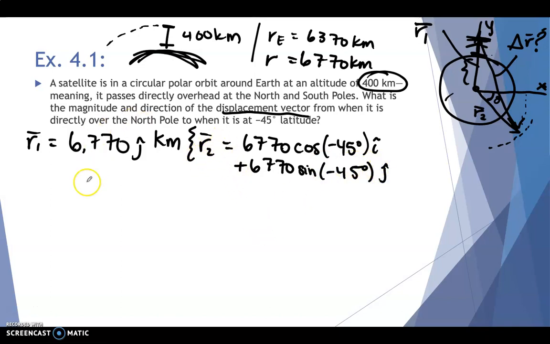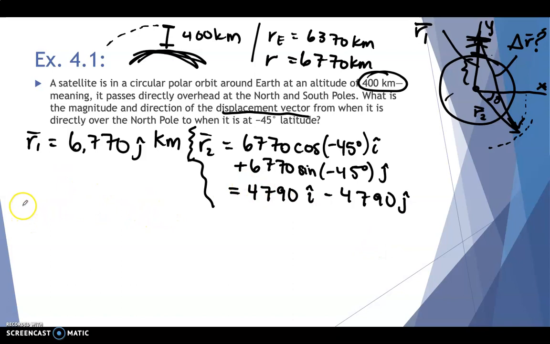Okay, so now these are our two starting vectors. And we can rewrite this one just a little bit. We can take this and put it into our calculator and we'll get about 4,790 i hat minus 4,790 j hat. Okay.